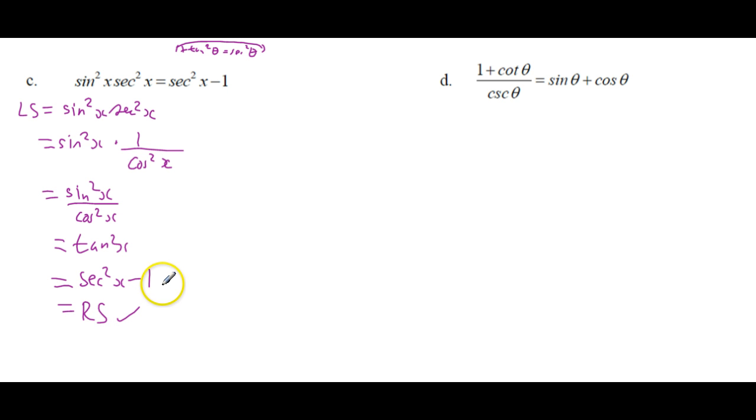So that's all good. And what do we have to watch out for? We cannot have secant be undefined. And secant would be undefined if cosine is 0, and we cannot have secant squared be positive 1.